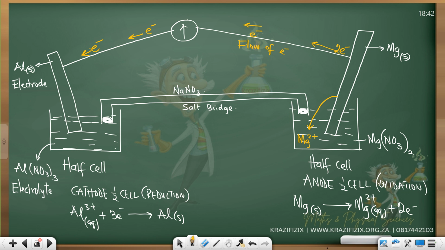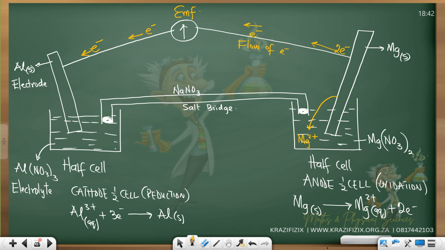Current. Did we have current at the start? No. Can you see that the cell is spontaneous? We have now converted chemical energy to electrical energy. This we can use to measure the EMF. Because we are measuring potential difference.